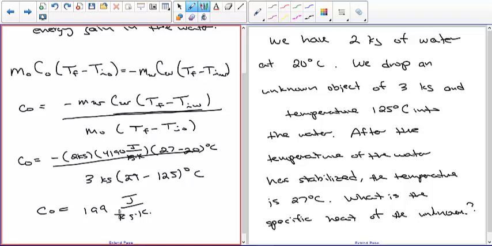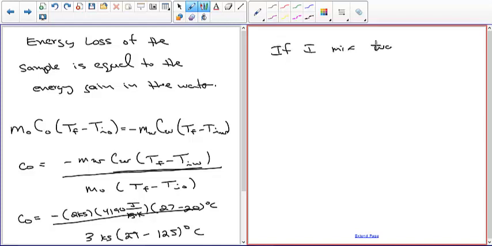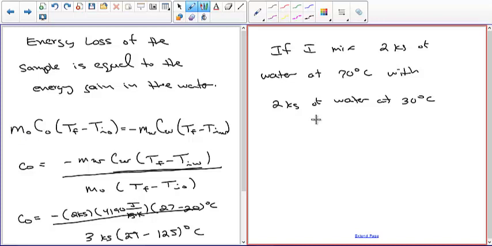Also, if I ask the question, if I mix 2 kilograms of water at 70 degrees C with 2 kilograms of water at 30 degrees C, what is the temperature of the mixture?